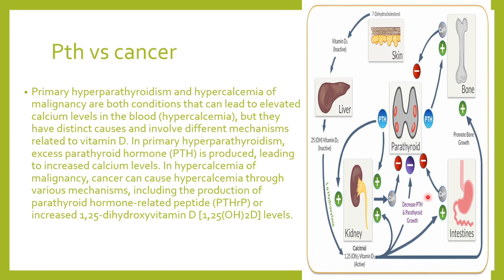So the level of 1,25 dihydroxy vitamin D3 is less in hypercalcemia of malignancy. Okay, so this is how we will be able to differentiate. If it is primary hyperparathyroidism, then your active form should be high, and if it is hypercalcemia because of malignancy, then your 1,25 dihydroxy vitamin D3 level should be low.